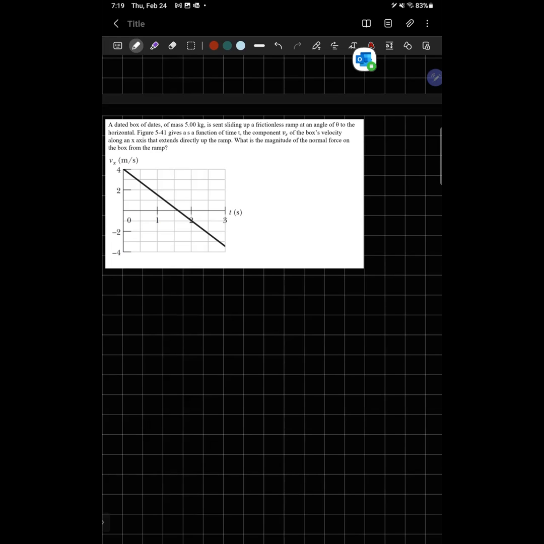What is the magnitude of the normal force on the box from the ramp?